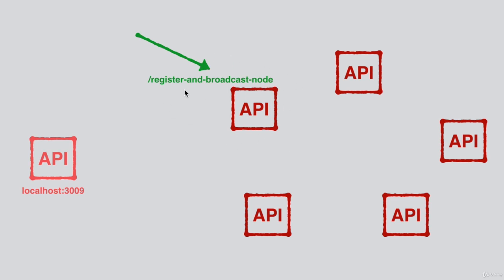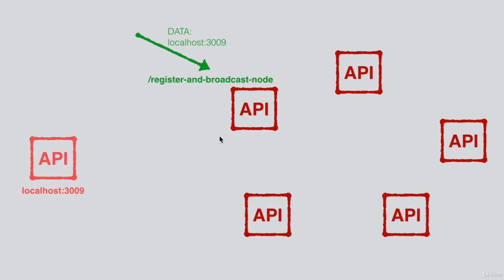When we hit this endpoint, we need to send along the URL of the new node that we want to add to our network, which is localhost 3009. Cool. So that's the first step for adding a new node to our network. We have to hit our register and broadcast node endpoint with the new node's URL as data.